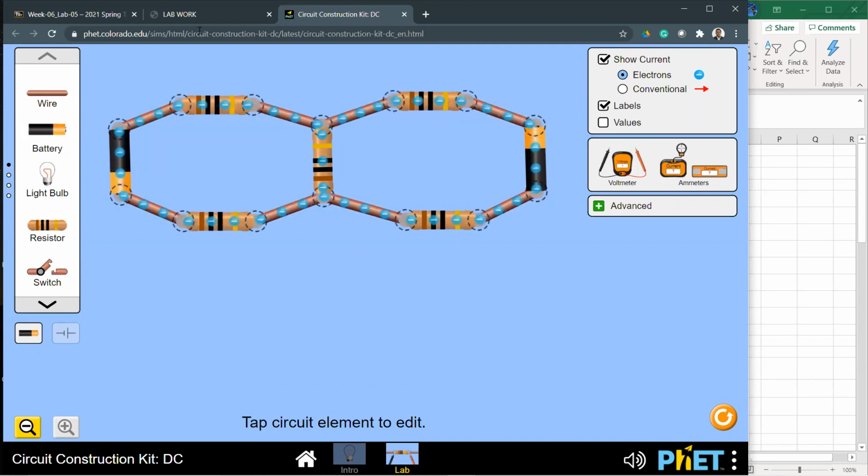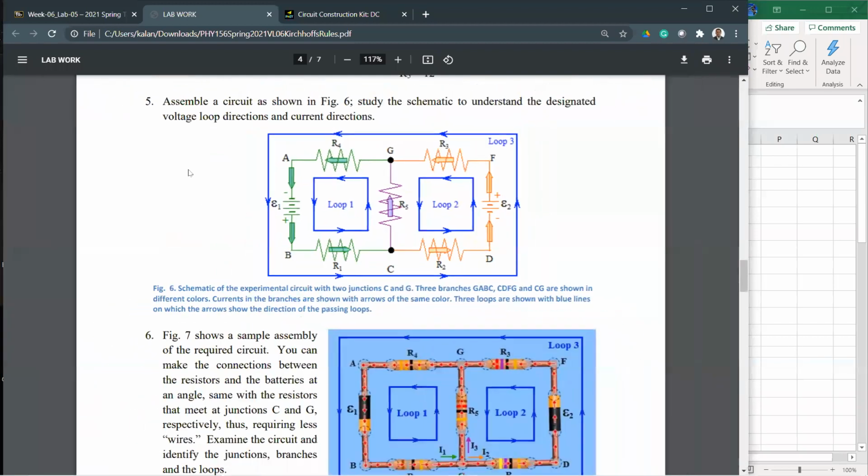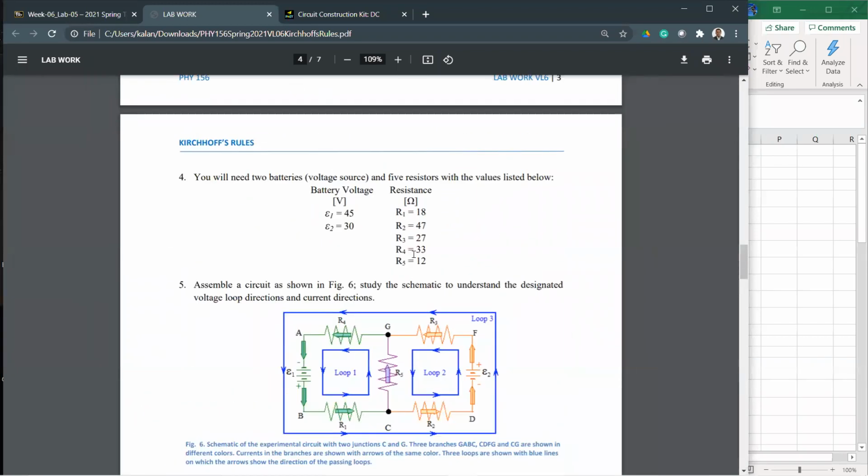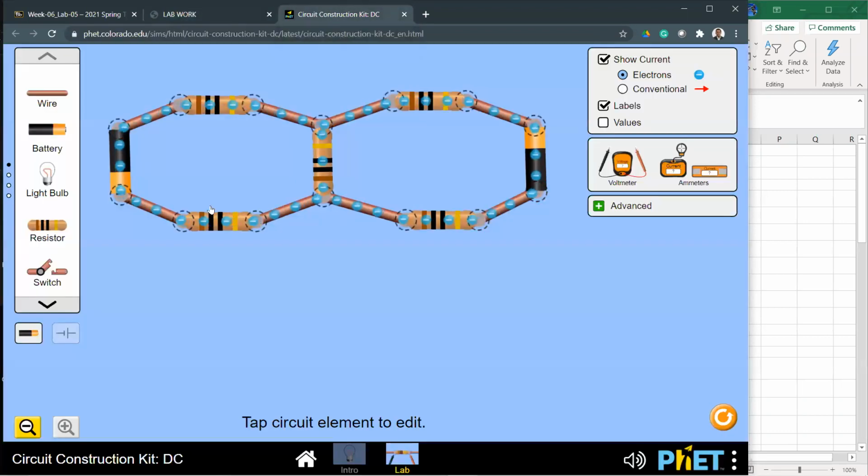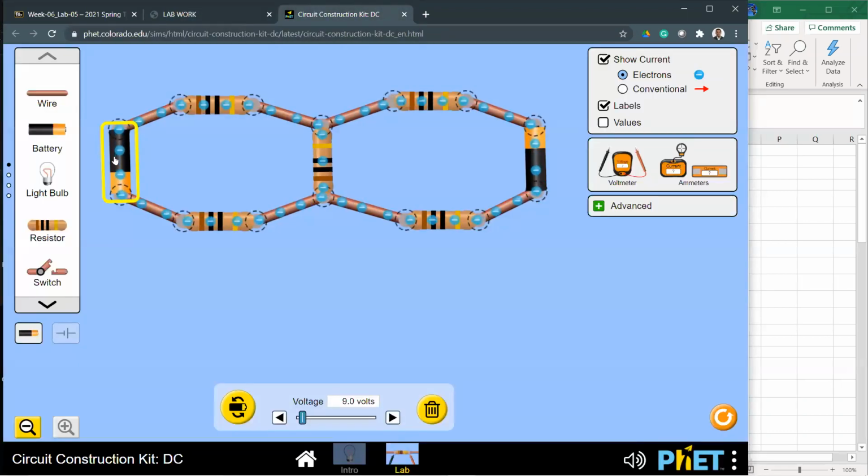Now let's change the values. Let's take a look at the numbers: the resistors R1, R2, R3 and so on, and the voltages. Voltage E1, E2 are 45 and 30, right? So let's change battery 1. Click on the battery, then change the voltage of the battery. You will see the battery highlighted with a yellow color around it, and then a slider appears on the bottom right.